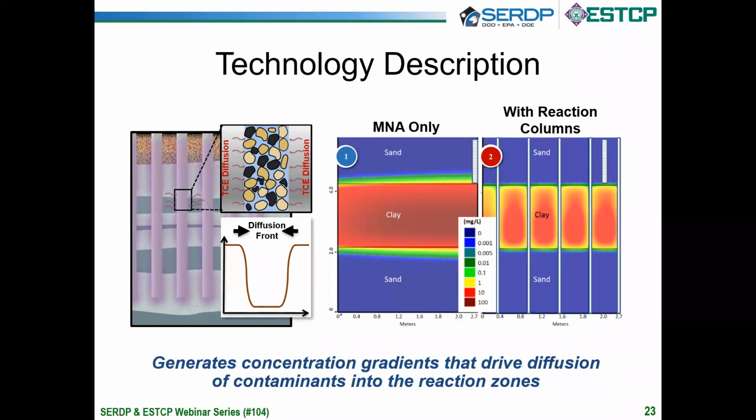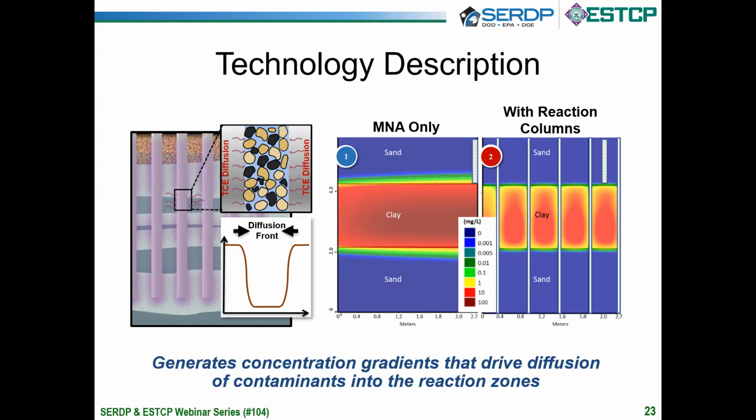On the right, as a proof of concept, we performed a simple model where greater than 100 milligrams per liter of TCE was loaded into the clay zone, and that's shown in red. Under the MNA scenario, most of the contamination remained after about 20 years of the model run.